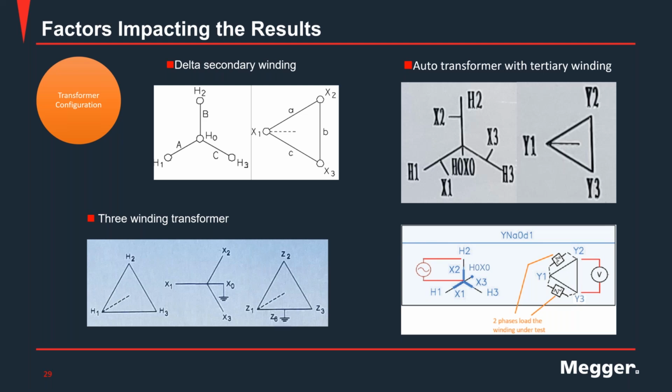If I'm testing with an instrument that is doing single phase excitation and I have a delta secondary, the side where I'm measuring the induced voltage is a delta. Then that condition of the winding being open circuit doesn't hold true. My other two untested windings of the delta are actually loading the winding under test. So that will affect accuracy when performing the test.